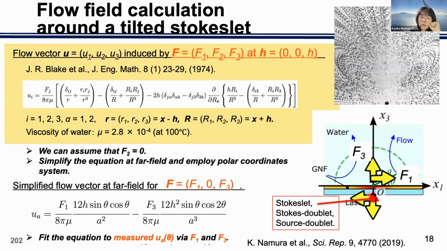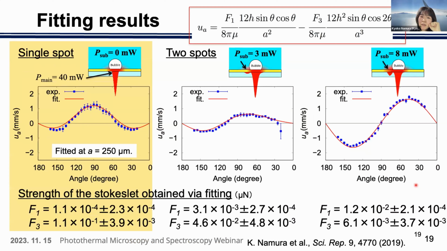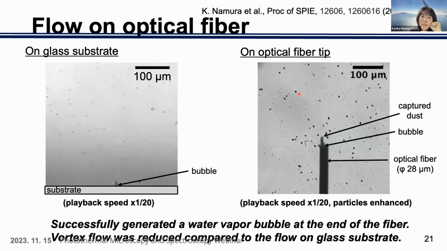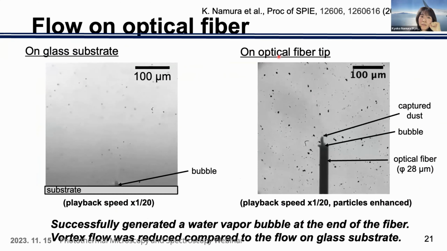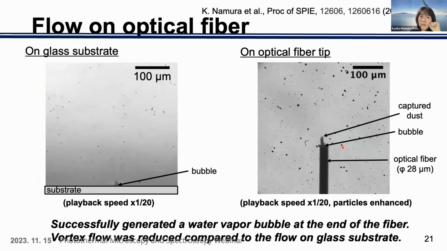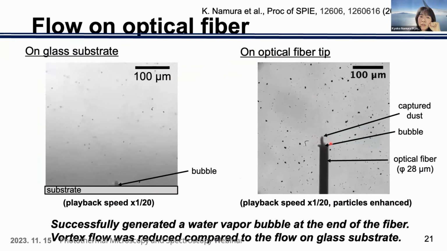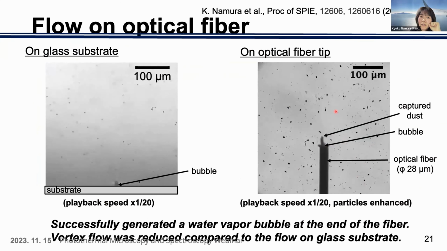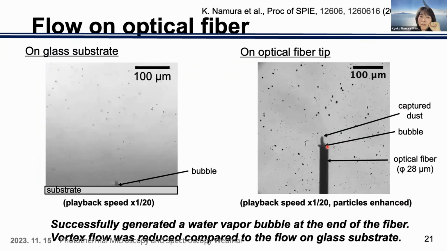So if you remove this wall, then we should be able to generate a much stronger flow using a single Stokeslet without a counterpart. So nowadays we used an optical fiber tip, and we generated the water vapor bubble here, and then generated the flow using this bubble.